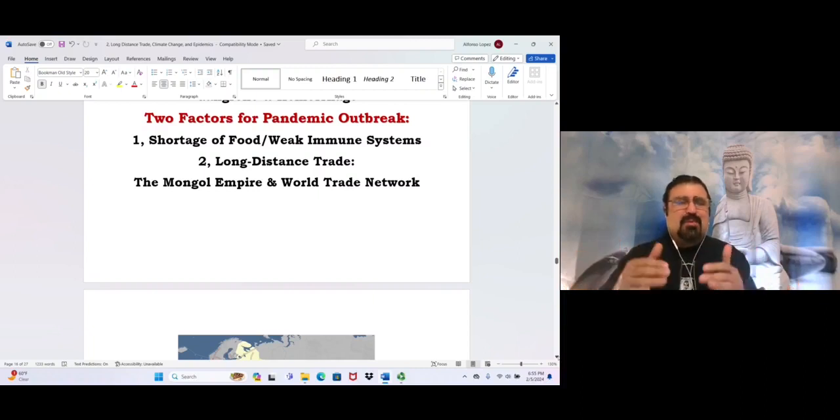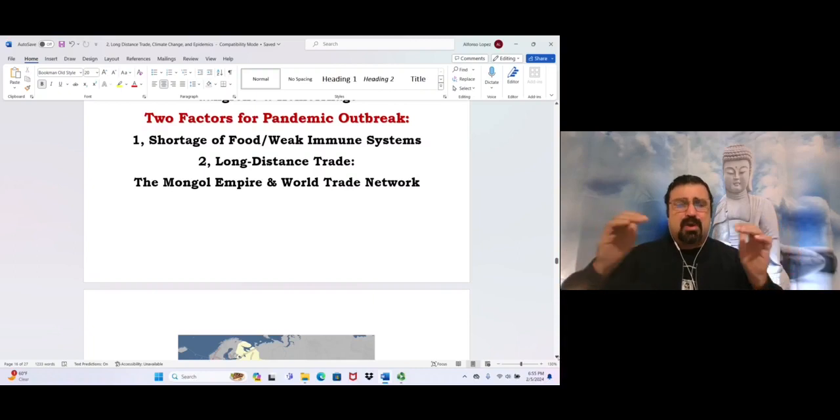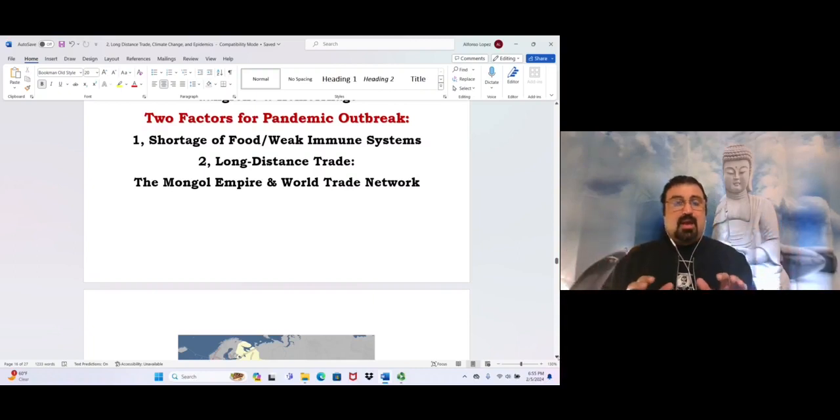During the cooler climate, remember, there was less rainfall, so therefore agricultural production went down in different parts of the world. And when that occurred, with less agricultural production, we have, of course, shortages of food, sometimes leading to famine. So people are not well nourished. And when people are not well nourished, their immune systems tend to be compromised.